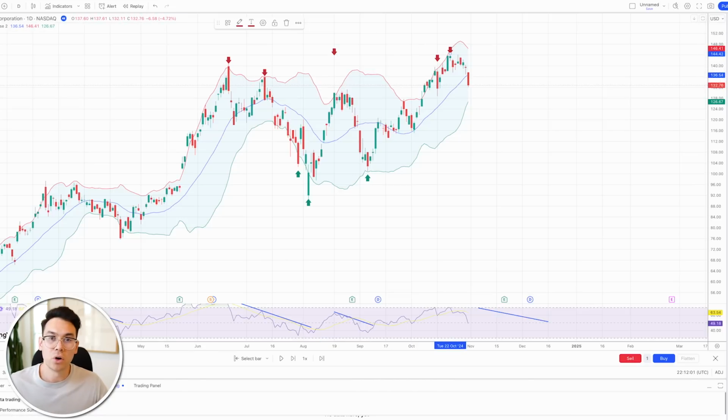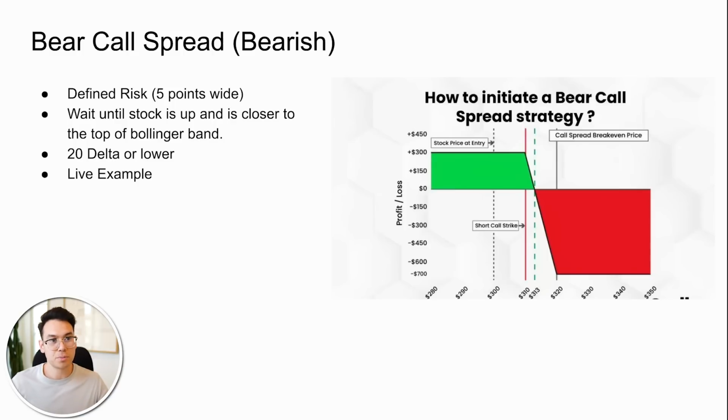Okay. So let's go over the bear call spread. We're going to do defined risk, 5 points wide, so we can only lose $500. And basically the stock just has to stay below, right? Let's just look at the diagram. Stock's trading at $300.